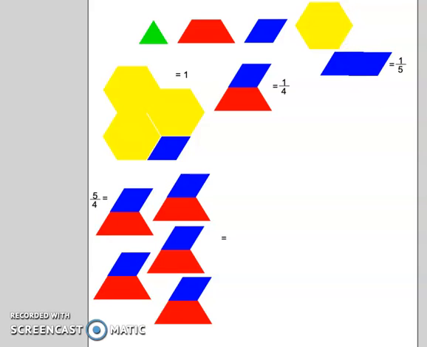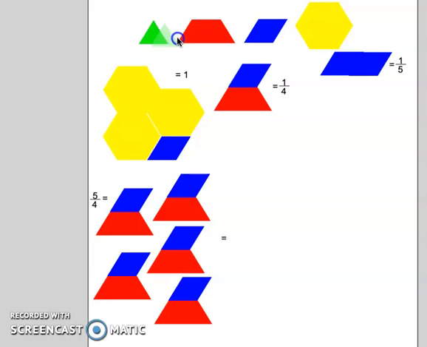And so using the same reasoning as the set model, we want to think about how can we take one of our denominators, in this case fifths, and divide it into 4 pieces, or the other denominator, fourths, and divide it into 5 pieces. So that's how we can figure out how to define our unit fractions, so then we can create a whole.